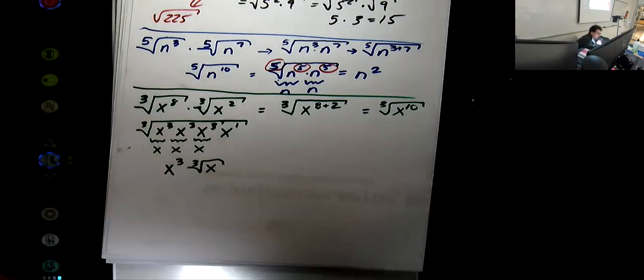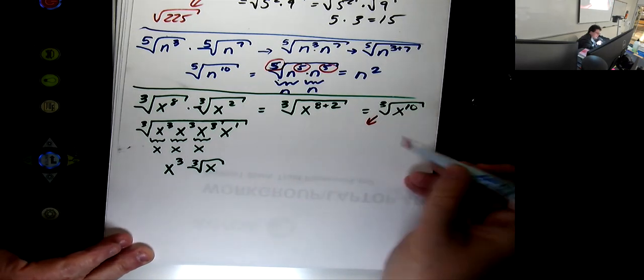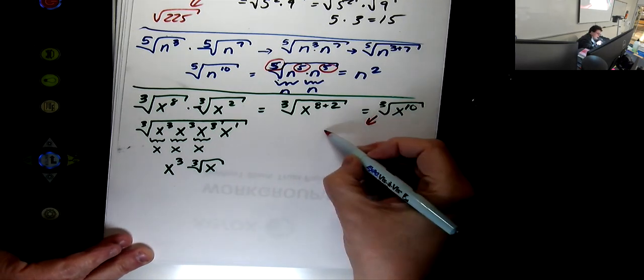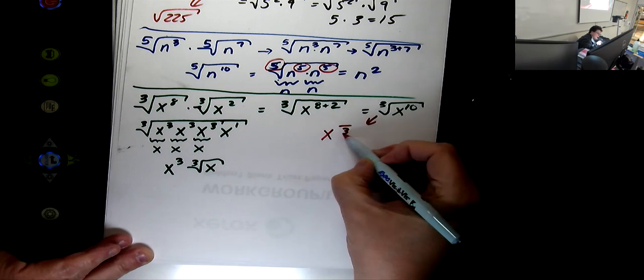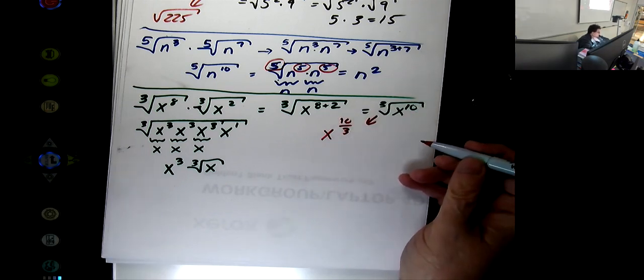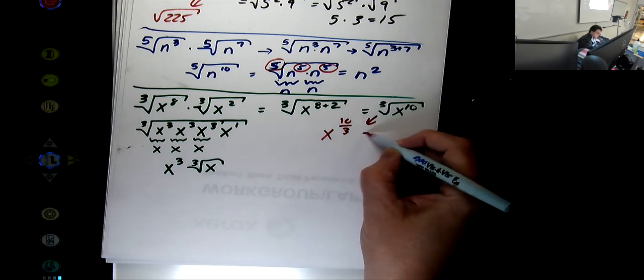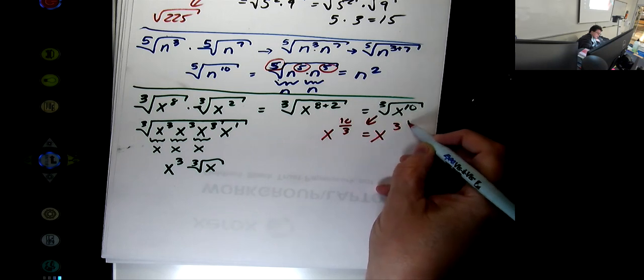Another way of doing that, starting from here, I can use that thing where the 3 becomes the denominator and the power on the inside becomes the numerator. And 10 over 3 is just 3 1/3.